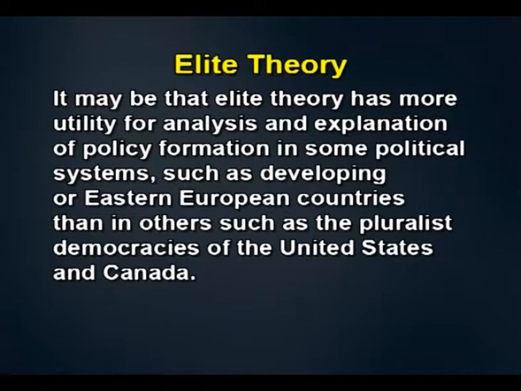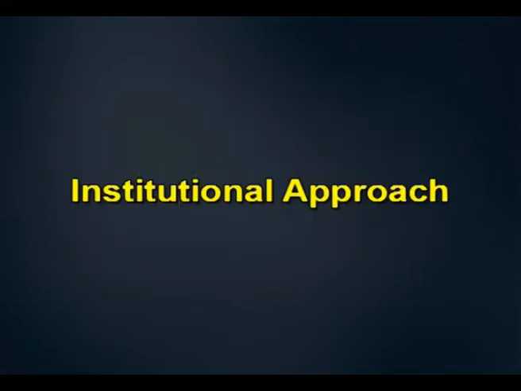It may be that elite theory has more utility for analysis and explanation of policy formation in some political systems, such as developing or Eastern European countries, than in others, such as the pluralist democracies of the United States and Canada. Next, coming to the institutional approach.